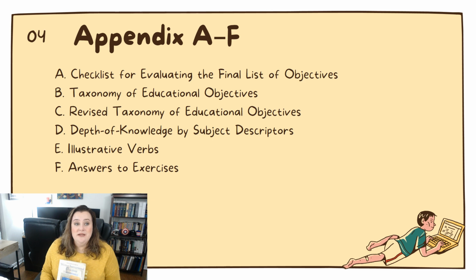There's a taxonomy of educational objectives, the revised taxonomy, the depth of knowledge by subject descriptors, illustrative verbs, and answers to the exercises that are throughout the book. So I really found that the content within them at the end is probably material that I will continue to go back to years from now as I'm working through writing my instructional objectives and being able to utilize the tools for that.